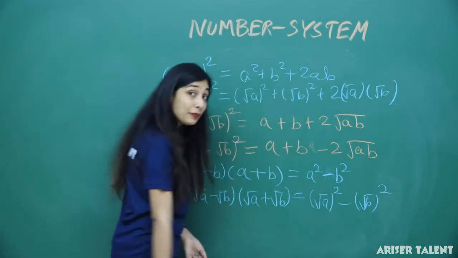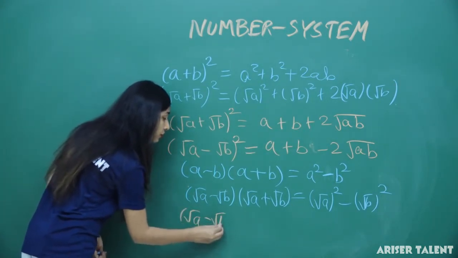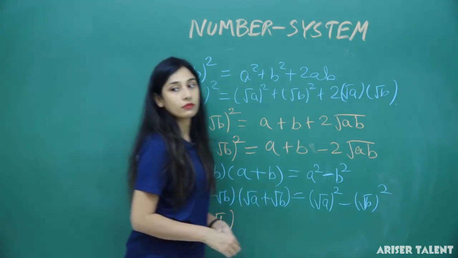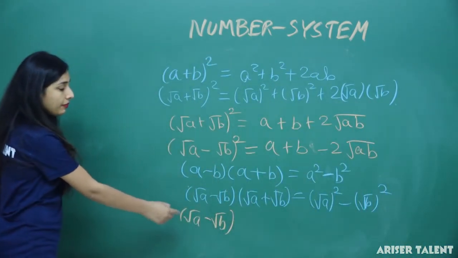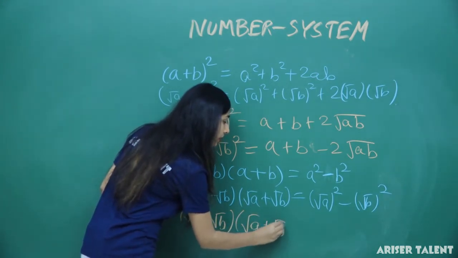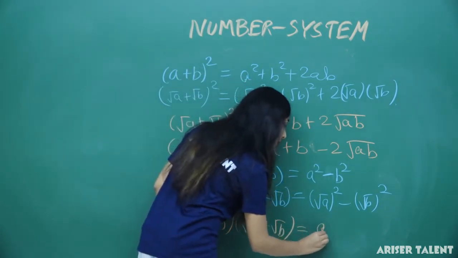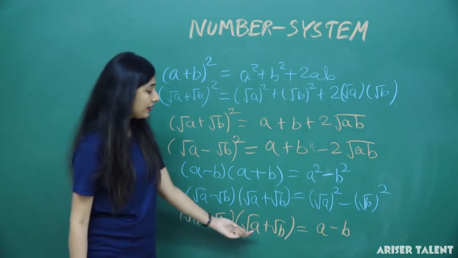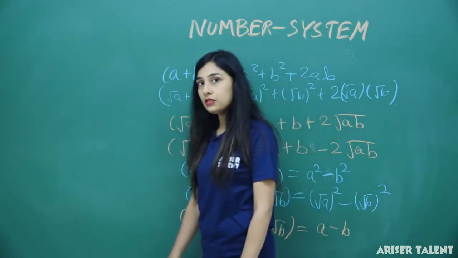So root a minus root b and root a plus root b will give you root a square, that is a minus b. Is it so simple? The value will be equal to a minus b simply.